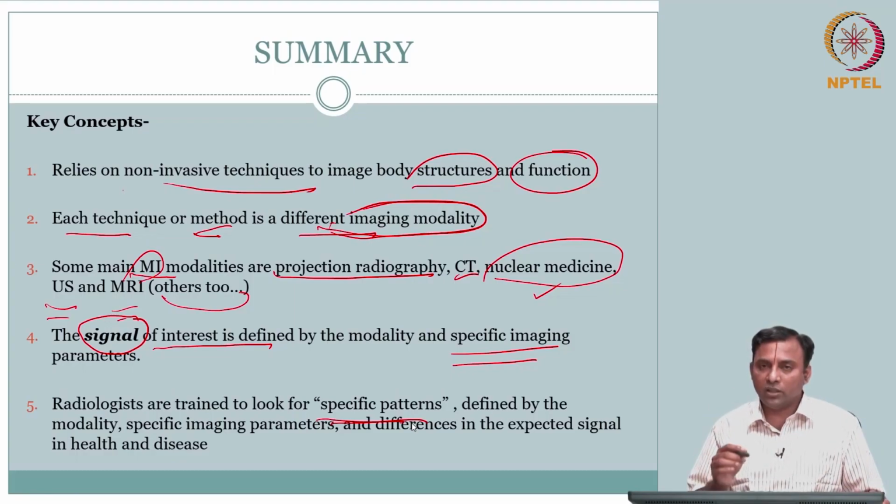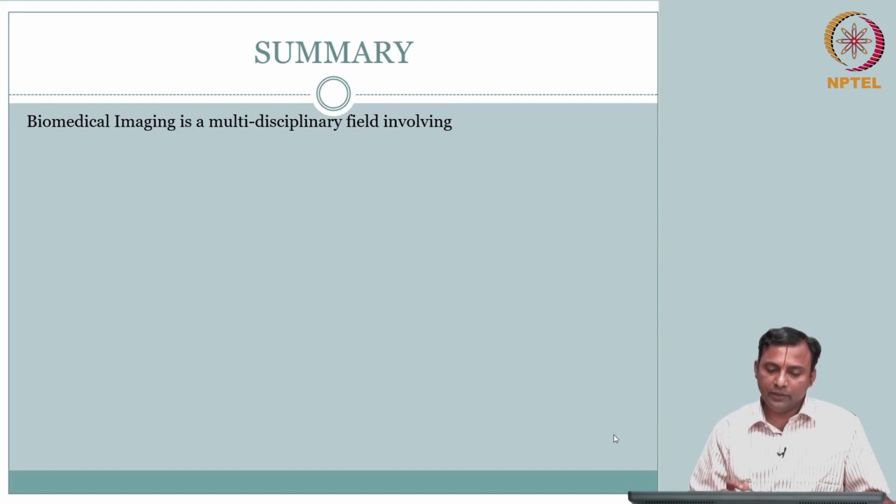But the idea is, the doctors look for these patterns. They get these images, look for certain patterns, whether it is normal or abnormal for that given structure or physiology, and then based on this expected signal, they make up the health or disease of the thing. So what we need to do is take a holistic picture of each of the modalities.